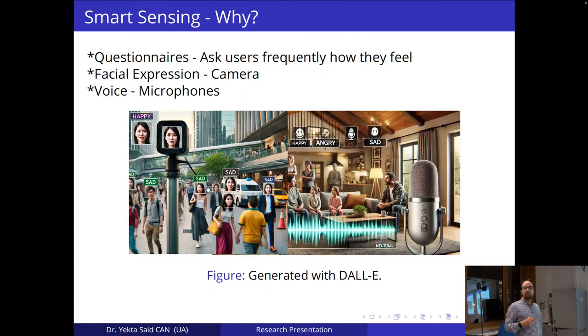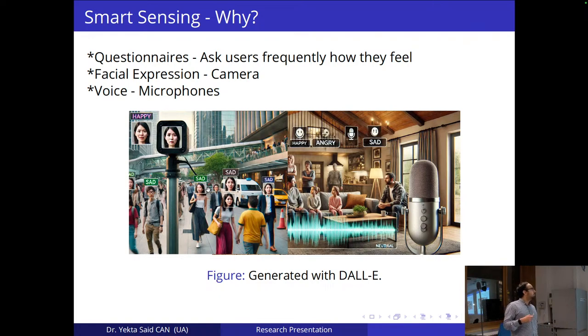So why biosignals for stress recognition? There are other ways. For example, we can ask users frequently how they feel. But generally, people are reluctant to give these answers frequently, and these answers are generally subjective, which causes some issues.